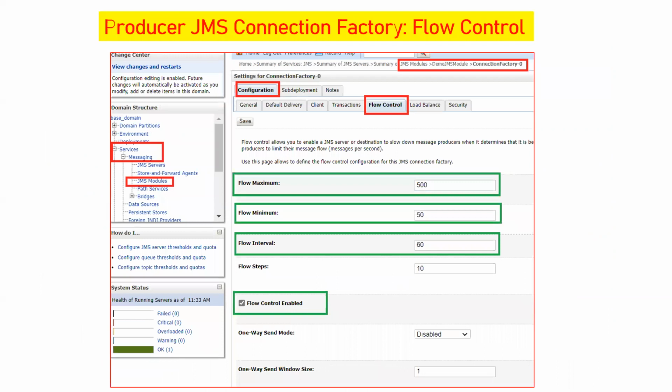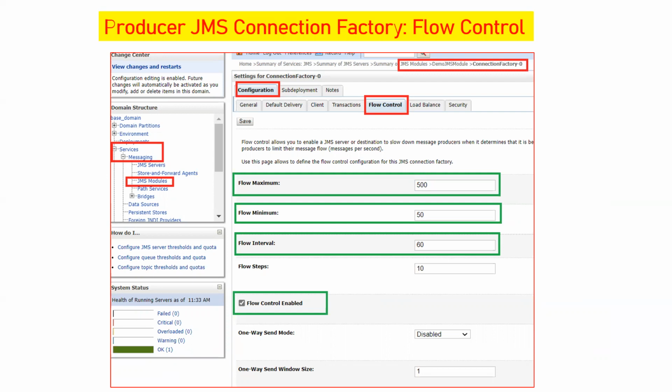and for each and every topic. Now when we talk about the producer, we were saying that the producer enables flow control, and then based on the flow maximum and flow minimum capacity, it starts sending messages to your destination in a controlled way. This is a screenshot for your producer, or source application, where you have a connection factory.